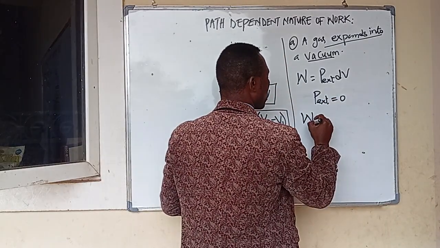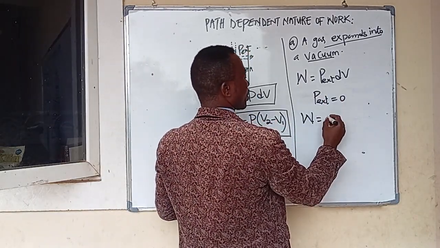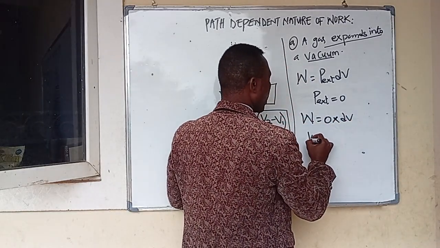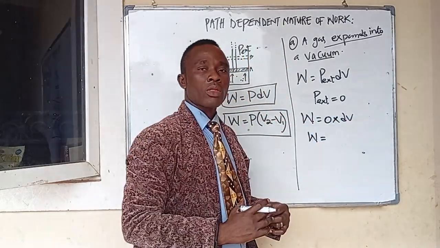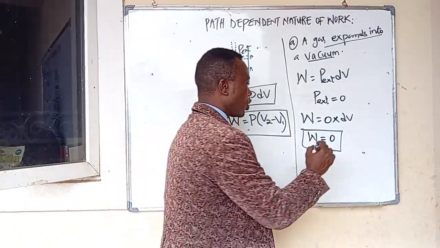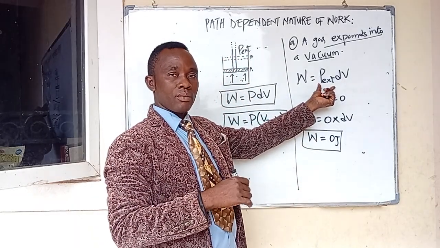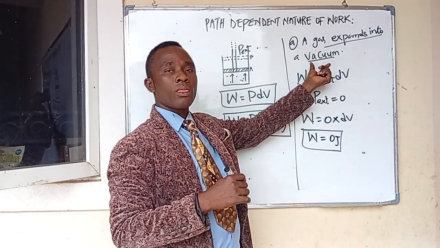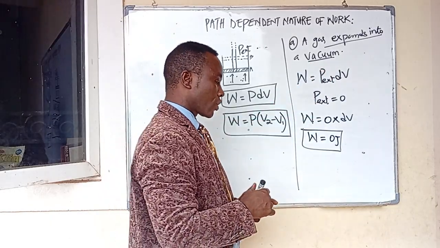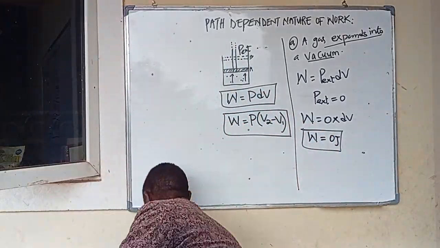So the work done when a gas expands into a vacuum will be equal to 0. Why is it 0? It is 0 joules, because the exterior pressure is 0, because vacuum is an empty space and therefore it does not exert pressure. So that is the first situation that we have here.